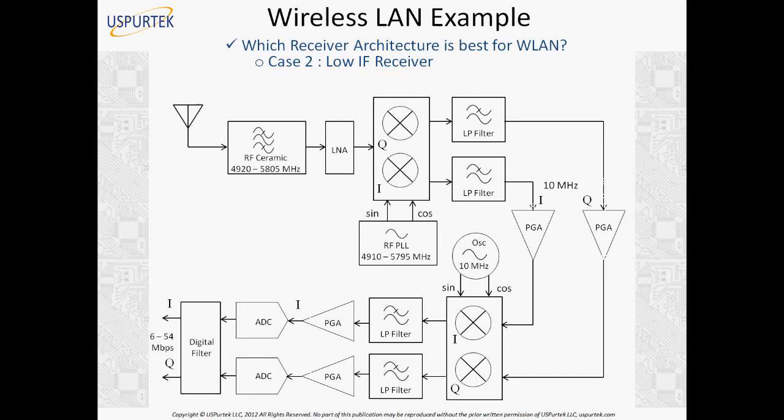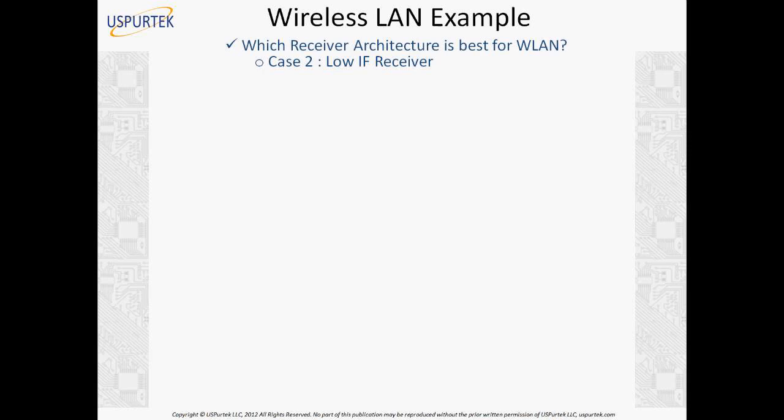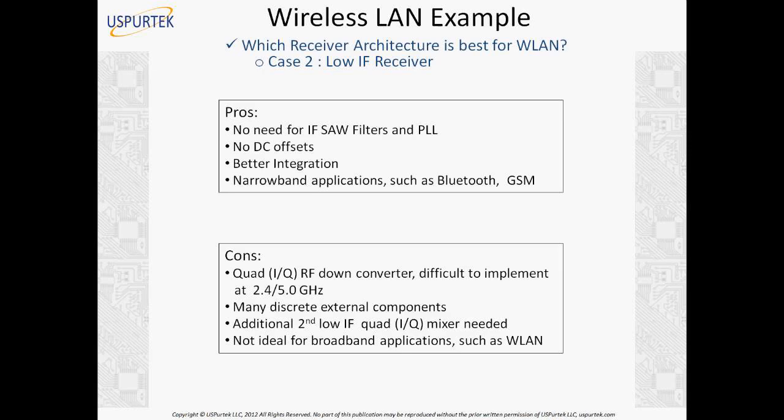Narrowband applications. It does find use in narrowband applications such as Bluetooth and GSM. With IF super heterodyne receivers, one thing is that they are very good for narrowband applications because with IF you can improve selectivity. So the low IF receiver does find use in Bluetooth and GSM applications.